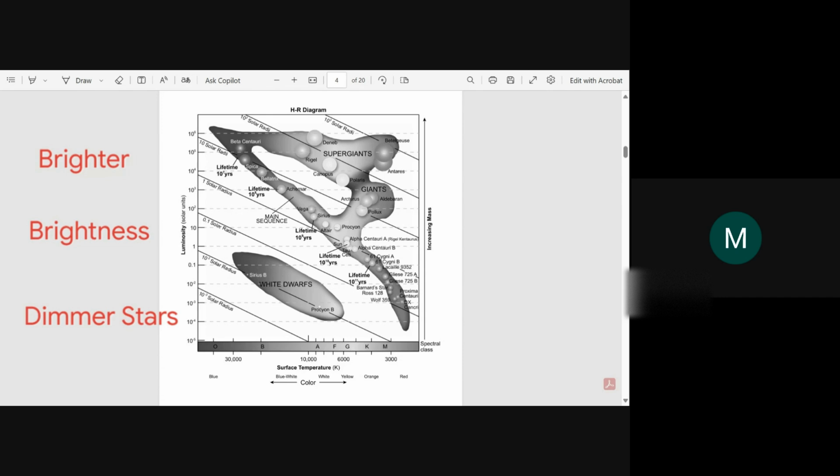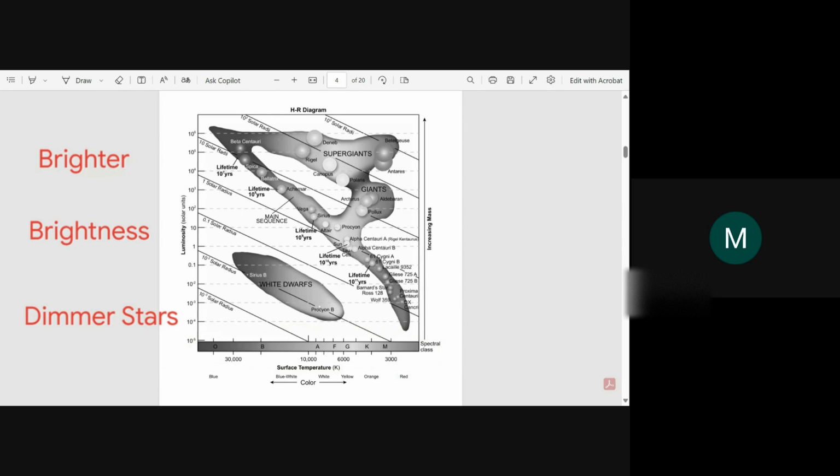Now, another aspect is the temperature and the brightness. Typically, when you read a graph from left to right, the numbers are increasing. But in this example, the temperatures are decreasing from left to right.